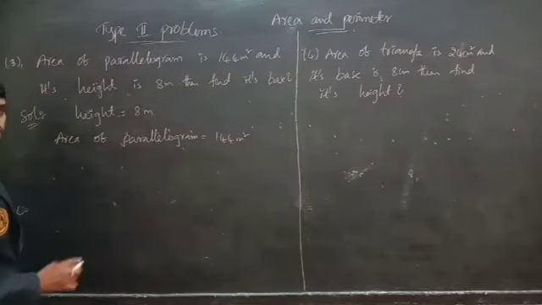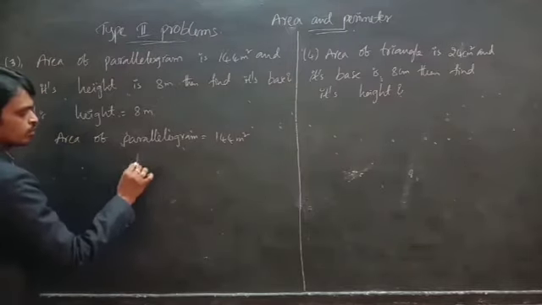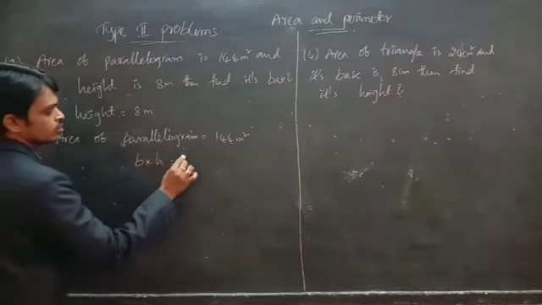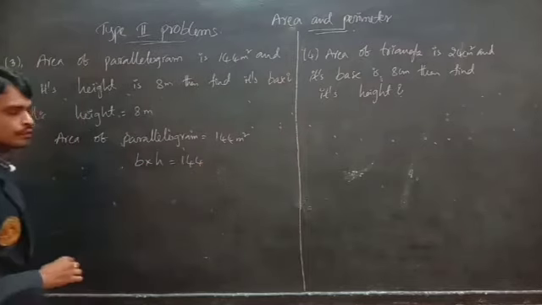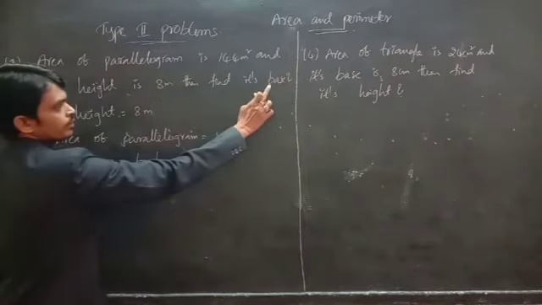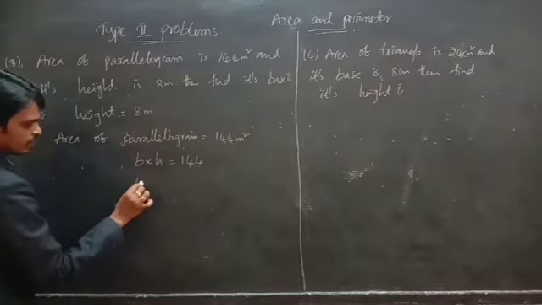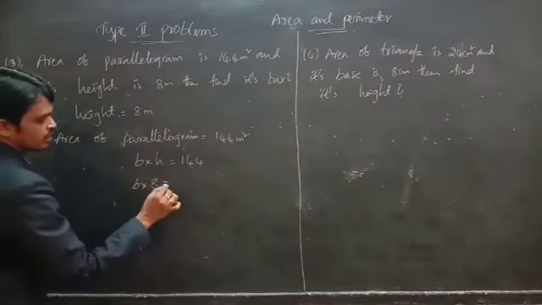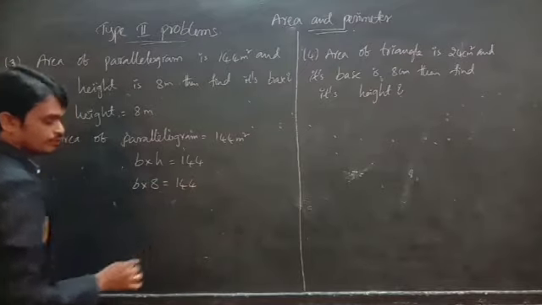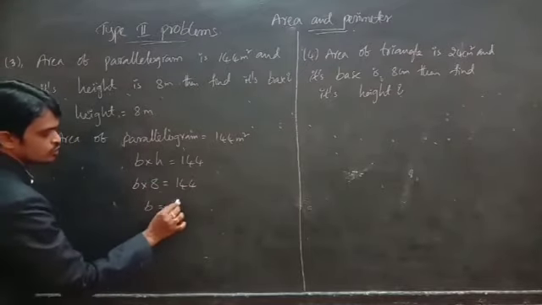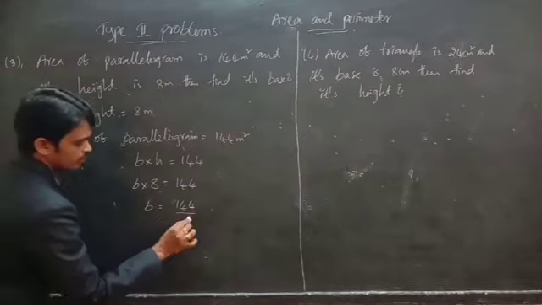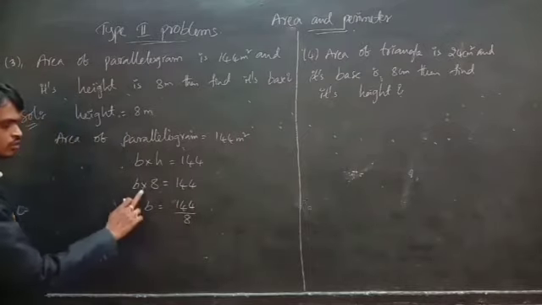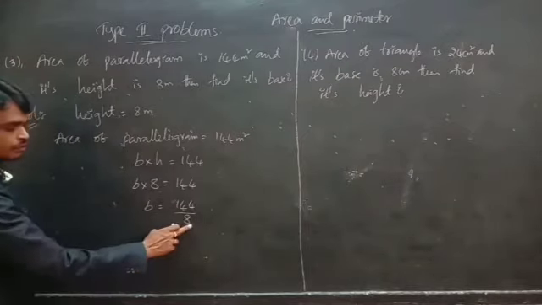Now what is the formula of area of parallelogram? Base into height is equals to 144. But what are you asked? Base. So base we have to find out, and height is given as 8 meters. So base into 8 is equals to 144. Now base is equals to 144 by 8. The multiplication quantity becomes a division quantity.